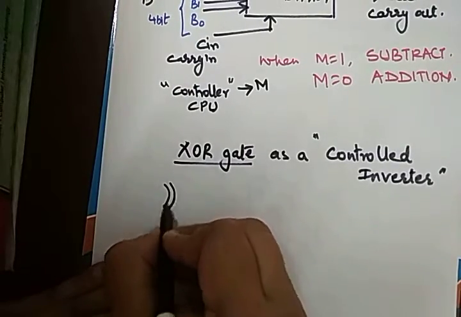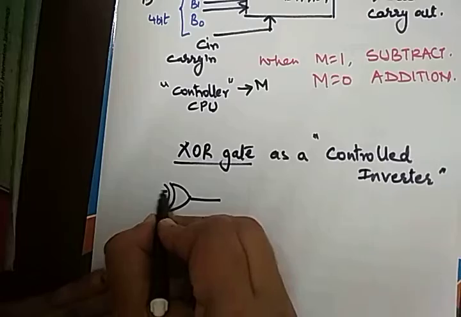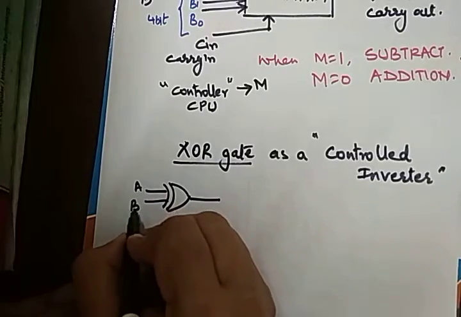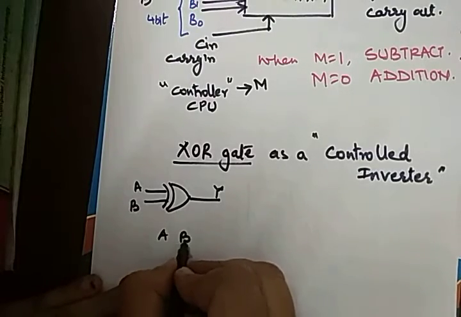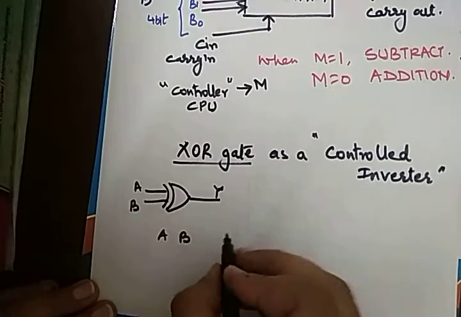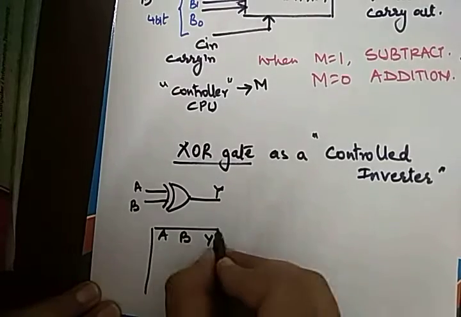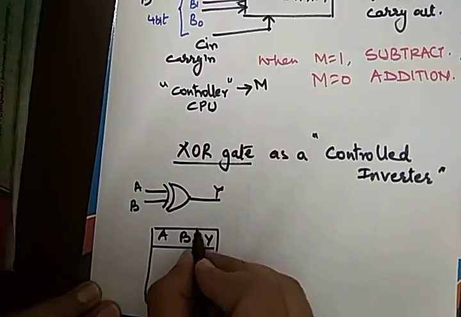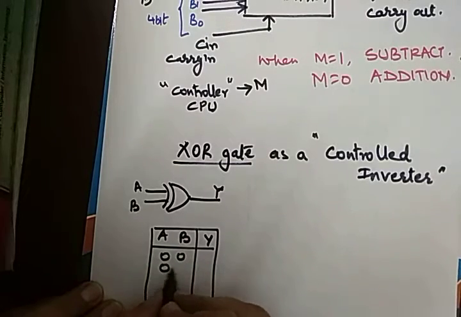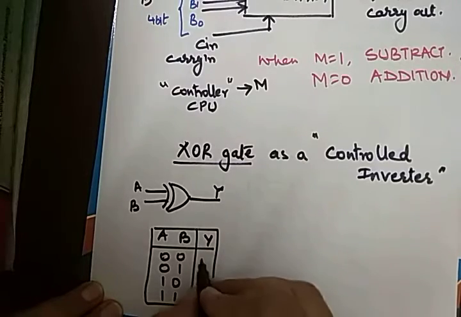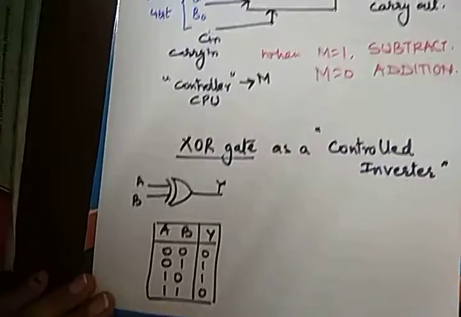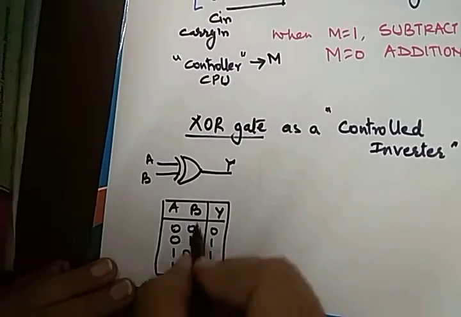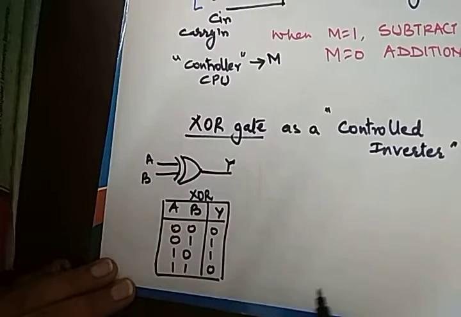Recall an XOR gate having the inputs A, B and the output Y. If you just recall the truth table of the XOR gate, a 2-input XOR gate having the 4 possible combinations 0 0, 0 1, 1 0, 1 1, and the output would be this. Do we all remember? This is a simple truth table of a 2-input XOR function.